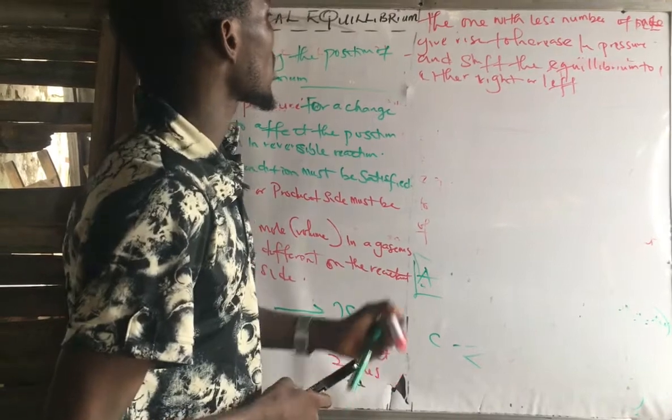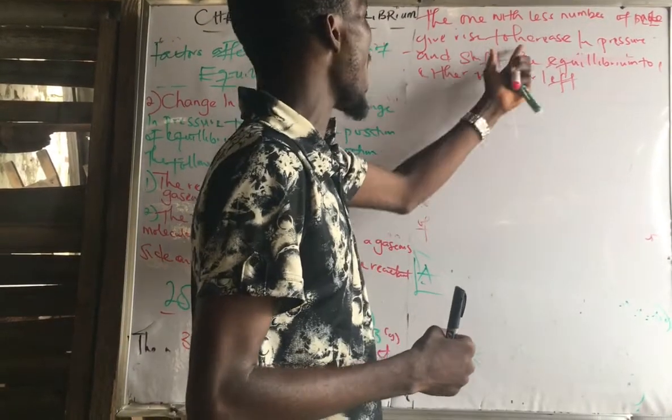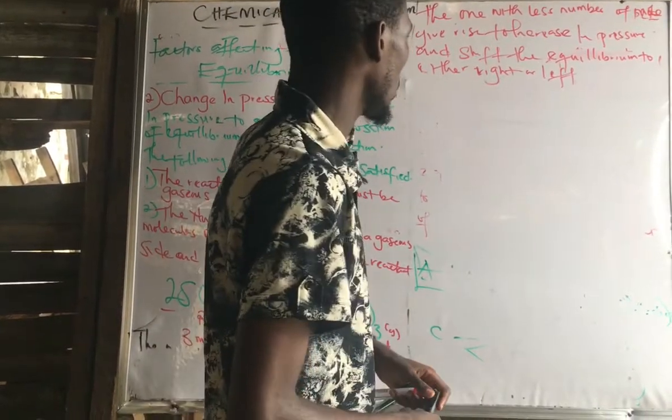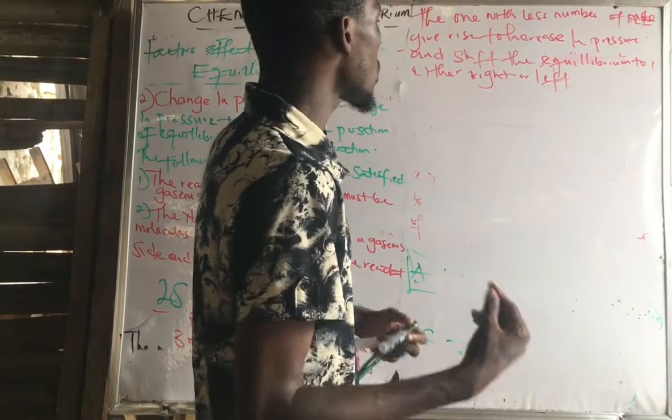So now class, the one with less number of moles gives rise to increase in pressure and shifts the equilibrium to either right or left.